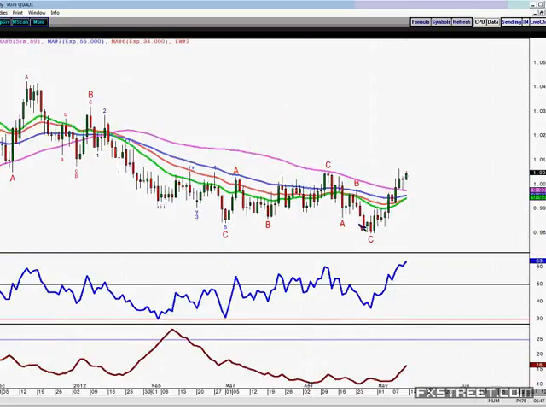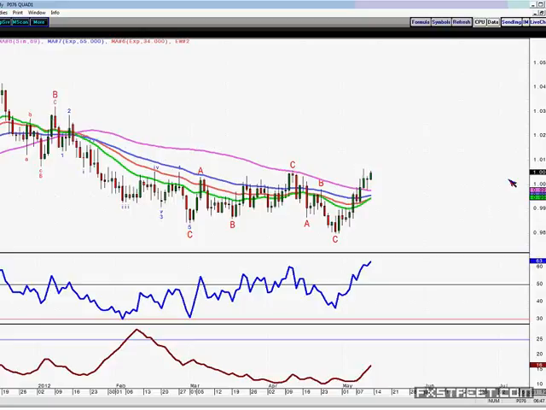Then daily is also trading above, but it is reaching a resistance level, which is 100. In fact, yesterday's high was 100.65. Let me highlight those levels first.